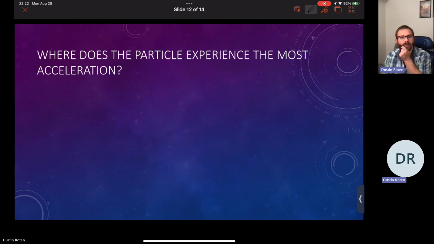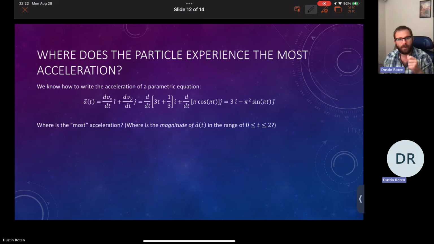Now, last question. Where does the particle experience the most acceleration? Well, we know how to write the acceleration of a parametric equation. We just have to take 2 derivatives of the position, or in this case, take a derivative of the velocity vector, which we have already.